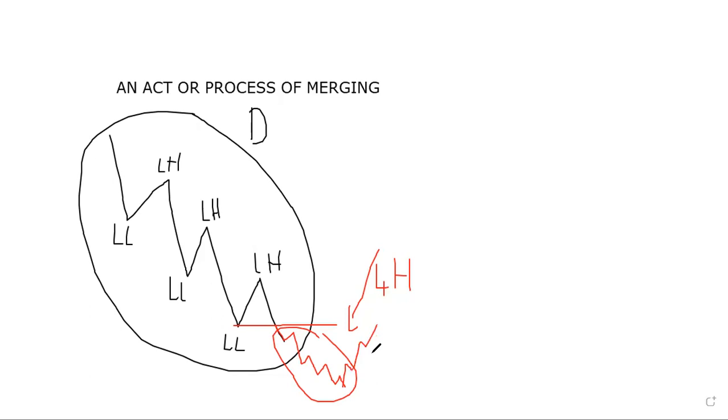Now, the best thing for you to do is to identify in which direction you are trading, right? Let's clear this out here. I want to write this properly, right? Now, if you're having the market making lower lows and lower highs as it moves to the downside, right?